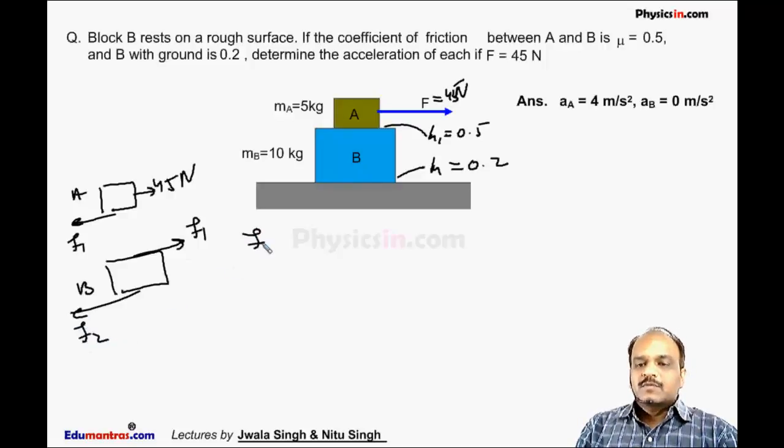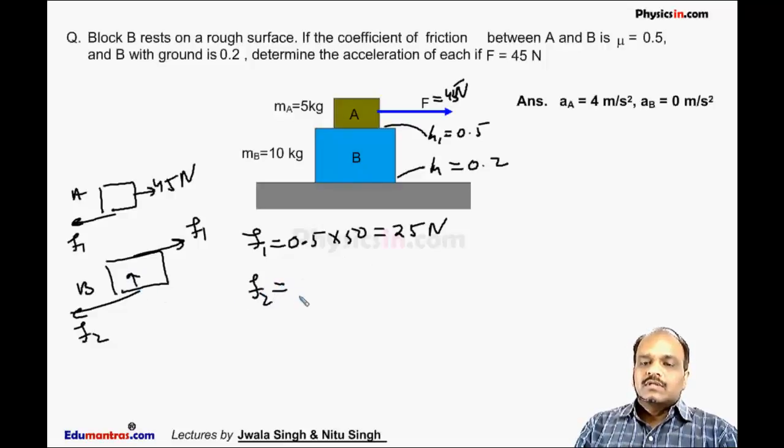Now we can say the maximum value of F1 is equal to 0.5 times normal reaction, that means 50, so 25 Newton, whereas the maximum value of F2 is 0.2 times N2, and we know the normal reaction here is 5 plus 10, that is 0.2 into 15 into 10.